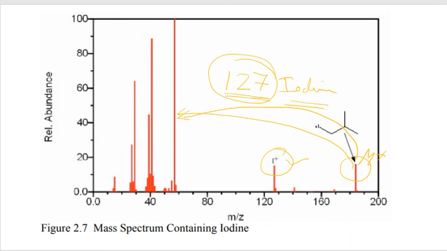So that way you can predict the presence of halogens in a given unknown compound. For this spectrum, you can find out the mass, the molecular weight, and the fragmentation of the compound.